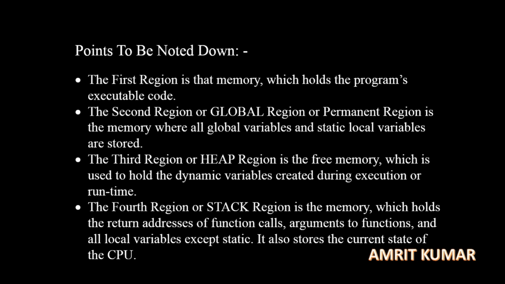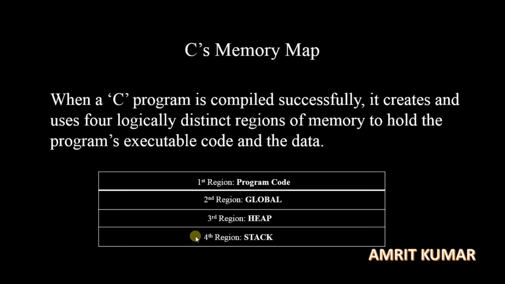The first region is the memory which holds the program executable code. So we have talked about the first region, that is the program code. It will hold the program's executable code.